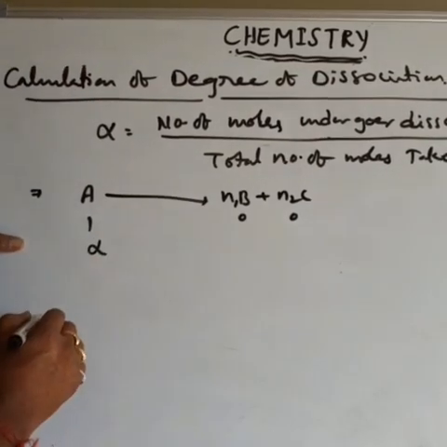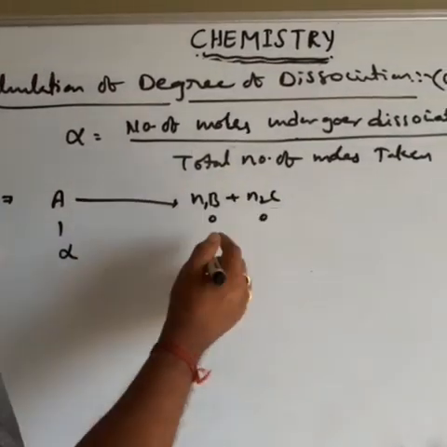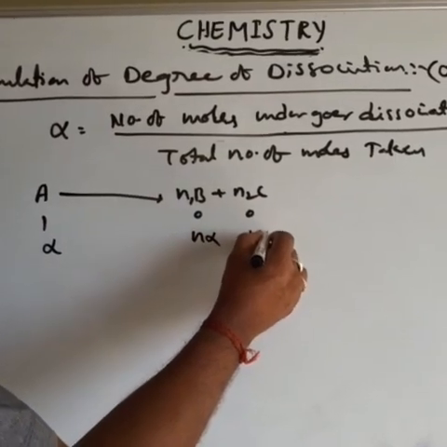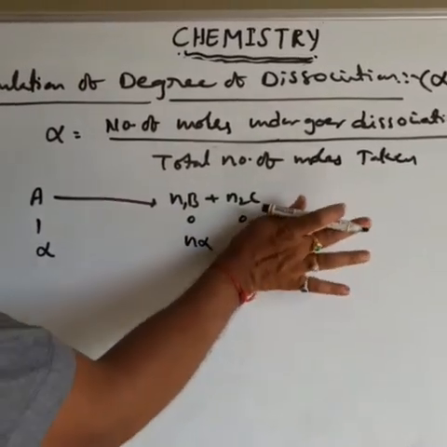Alpha is dissociated. Here, how many moles increase? n alpha moles increase.